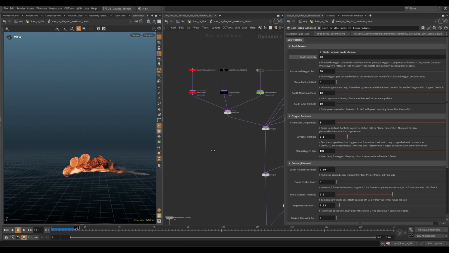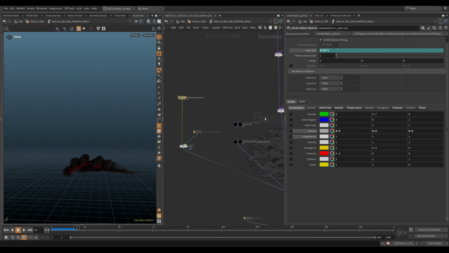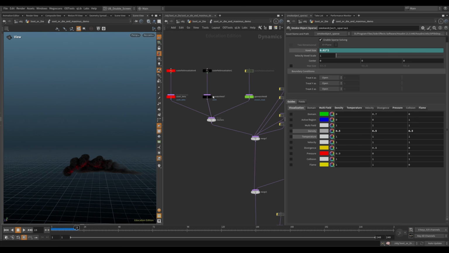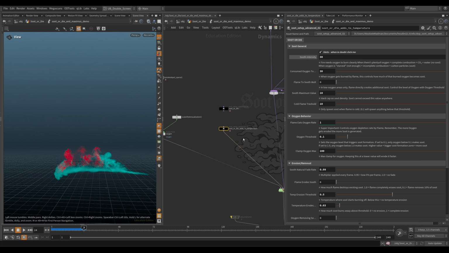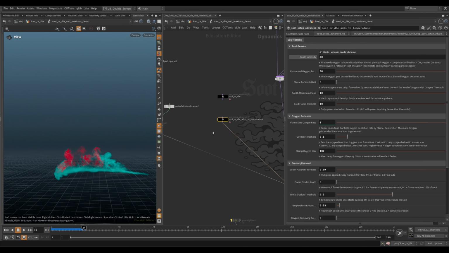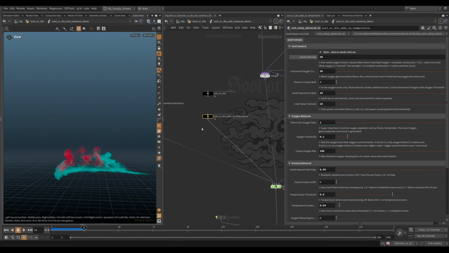You can go back to our trusty visualizers again. So we're going to be emitting a lot of soot here, even though this flame here is still quite hot, which is fine. Don't worry about it. This is still like an artistic process.